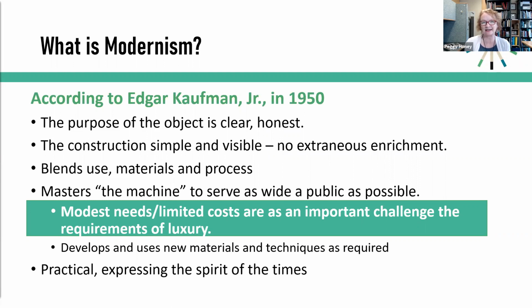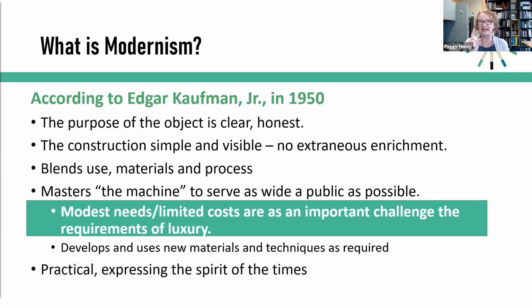They really wanted design to serve more people, and that they needed to come up with new materials and new techniques in order to be able to do that. So it's a really interesting design for everyone, for all. And it was dramatically different from what had happened before, and it very much impacted what happened later.